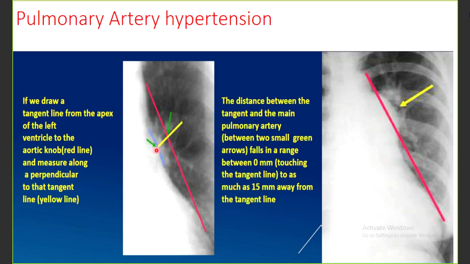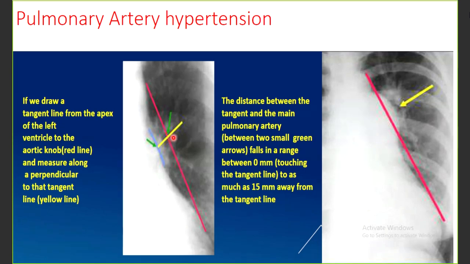Most of the time, the pulmonary bay or the pulmonary curve is seen well inside this tangent that we have drawn. However, as the pulmonary artery begins to dilate due to pulmonary artery hypertension or due to increased flow, this shadow will slowly encroach into this red line and cross over.